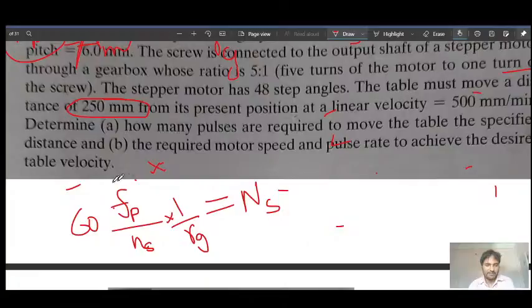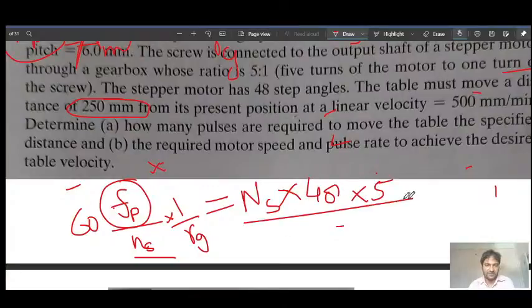So for Fp we take the Ns value and multiply with the number of steps 48, and then the Rg value 5, and divide by 60, and we get the pulse frequency Fp. Find out this value.